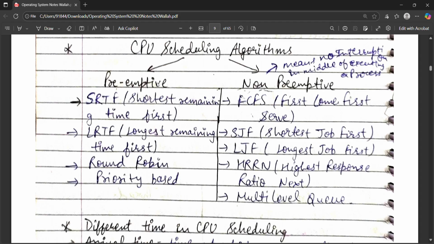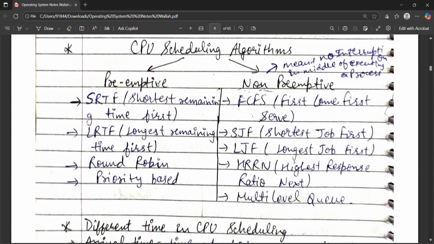Okay, so there is a difference between non-preemptive and preemptive. Both these terms have a meaning, and that meaning is essential to understand. In non-preemptive algorithms there is no interruption in the middle of any process. Say there are three processes going on: process one, process two, process three.